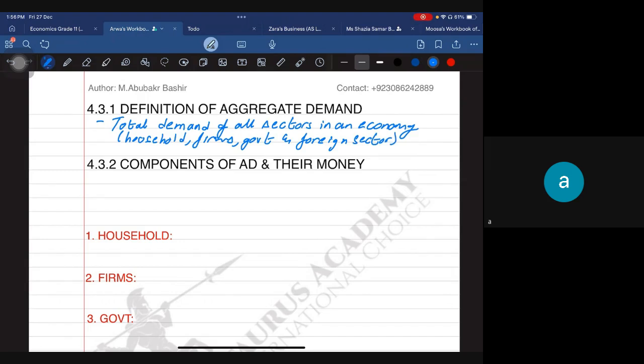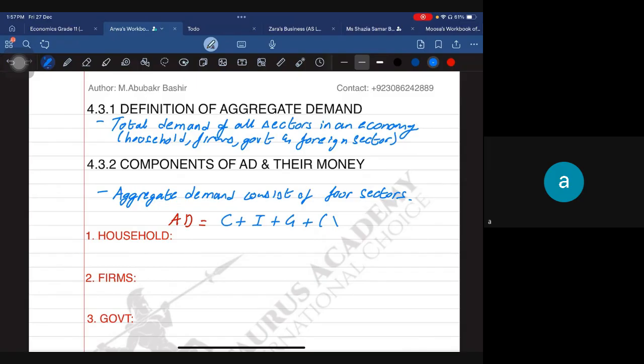Now the components of the aggregate demand and their meanings. So aggregate demand consists of four sectors. AD is equal to C plus I plus G plus X minus M, right?